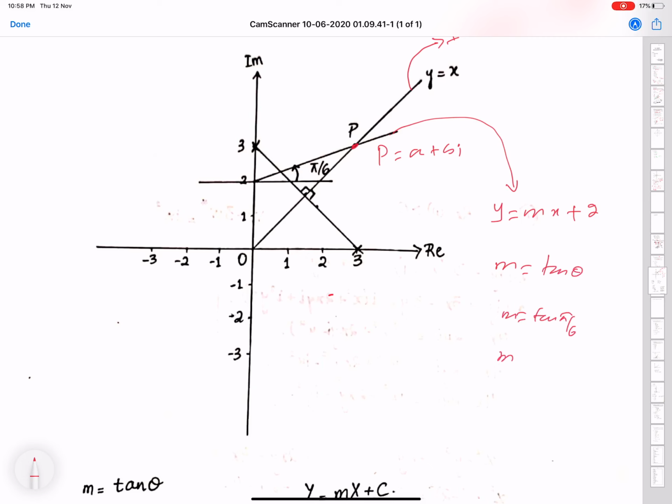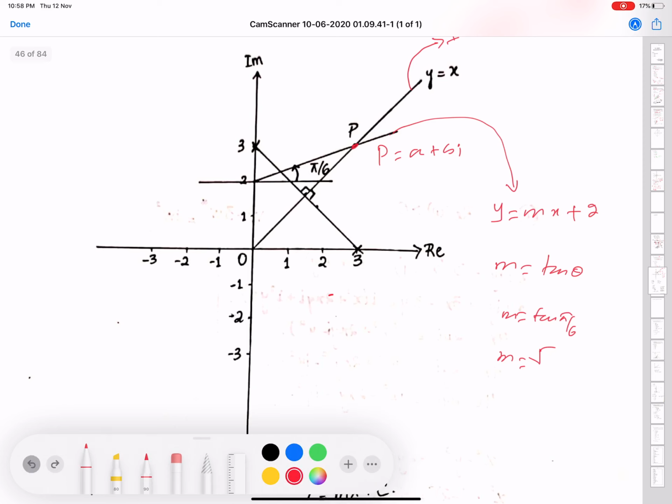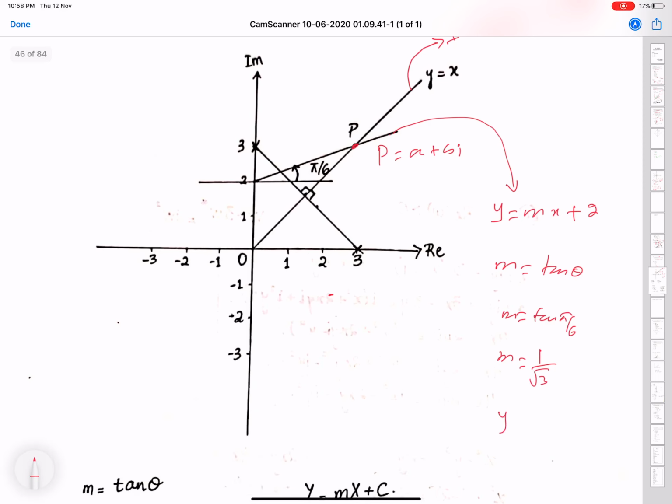Therefore m is tan pi by 6, which is 1 upon root 3. So the equation of this line will be y equals 1 upon root 3 x plus 2. So this is equation number 2 and this is equation number 1. You just need to solve these two equations simultaneously for p.